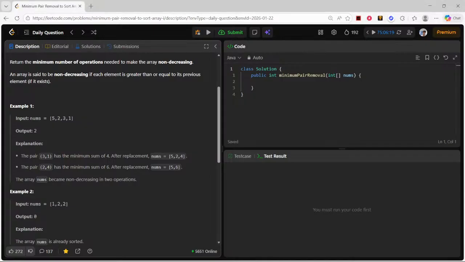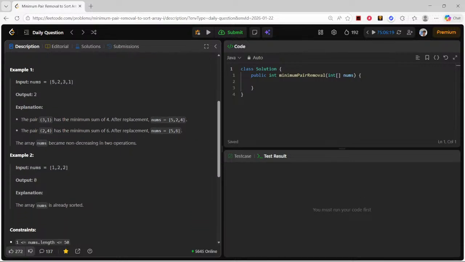The example shows input 5 2 3 1 and output 2, because the pair 3, 1 has the minimum sum of 4.